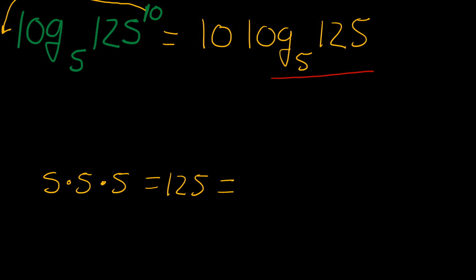But 125 is also equal to 5 cubed, because I used three 5's. So, therefore, 5 to the 3rd power gives you 125. And that answers this logarithm, log base 5 of 125. So that's just going to be 3.